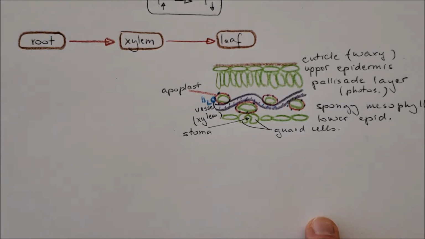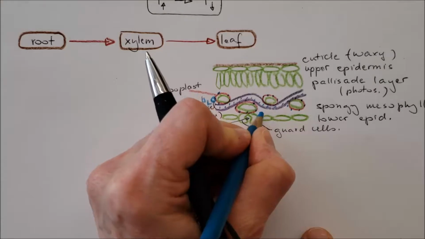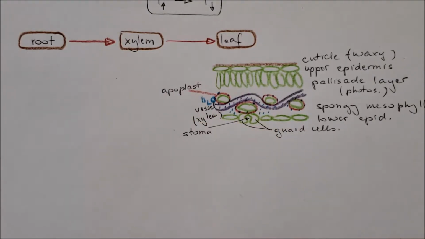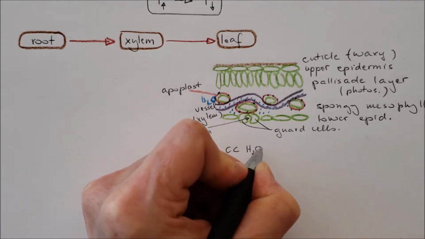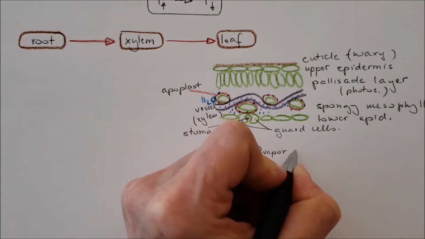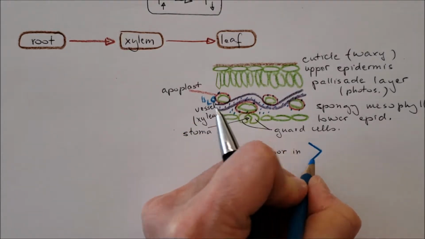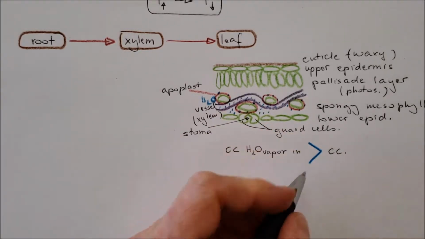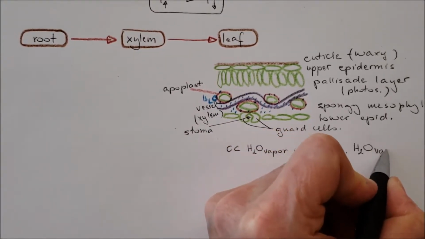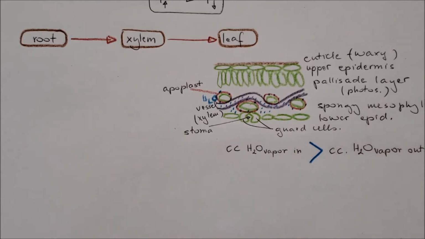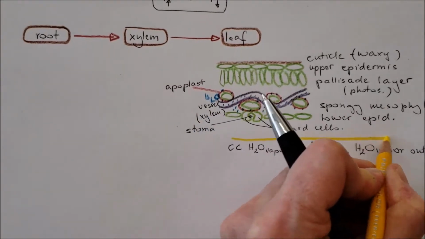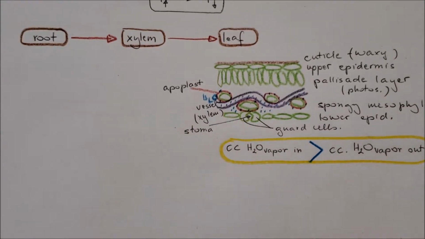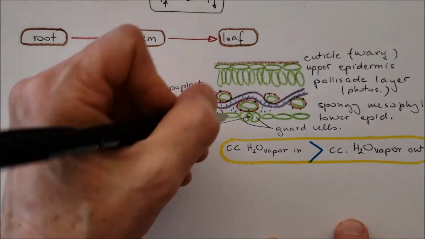It's going to just swell up the apoplast, and in the apoplast also evaporation takes place, and the water vapor concentration inside of the mesophyll layer is bigger than the water vapor concentration outside of the leaf, so in the atmosphere.